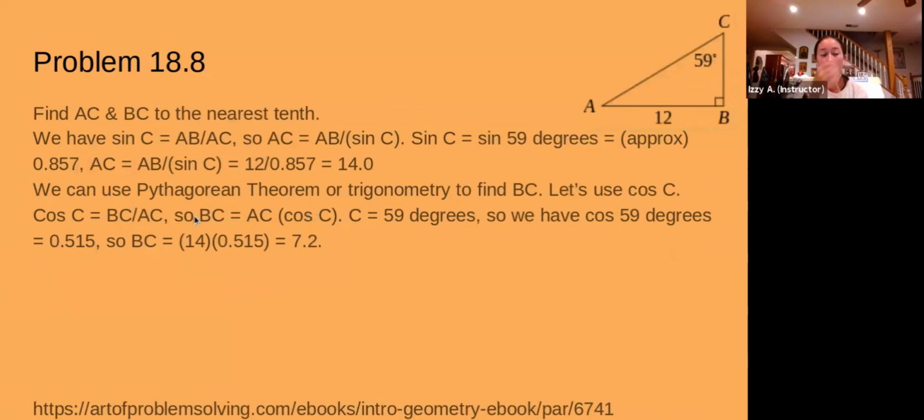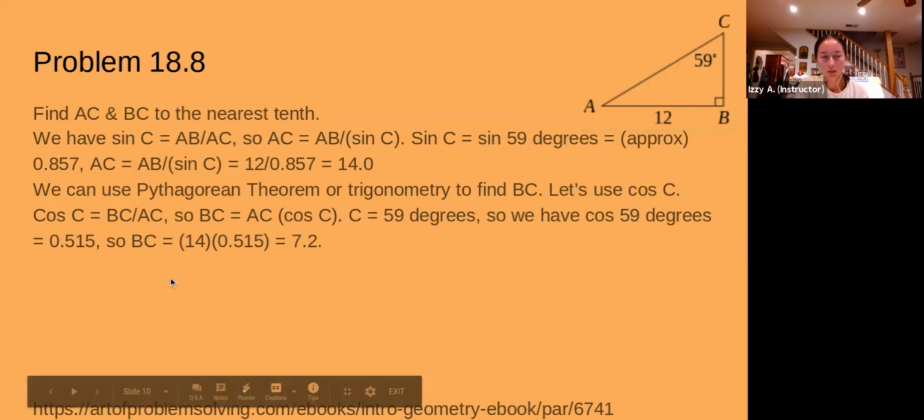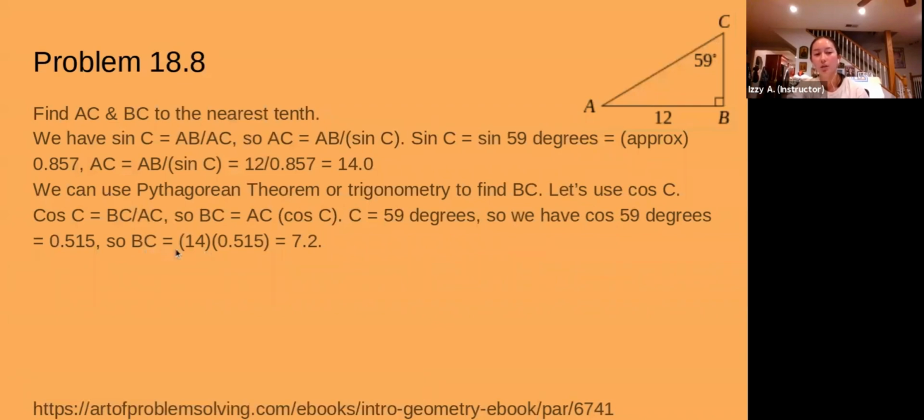If we isolate BC, that would be AC times cosine of C, and C equals 59 degrees. Cosine of 59 degrees is equal to 0.515, and eventually BC would equal 14 times 0.515, which is 7.2.